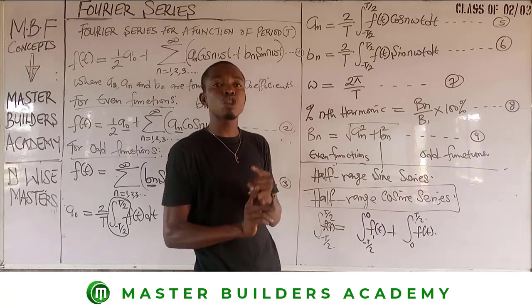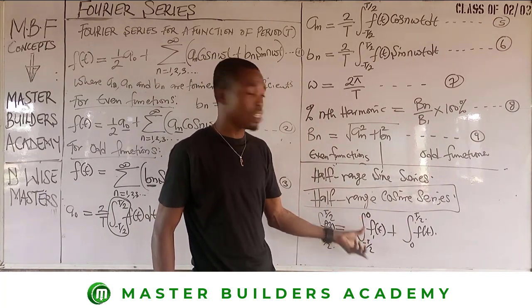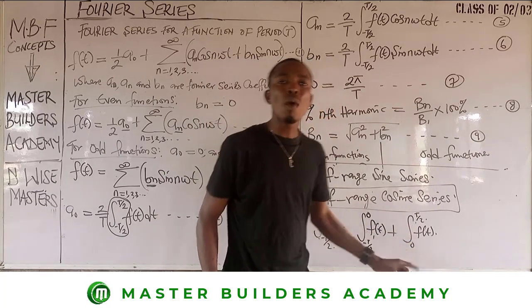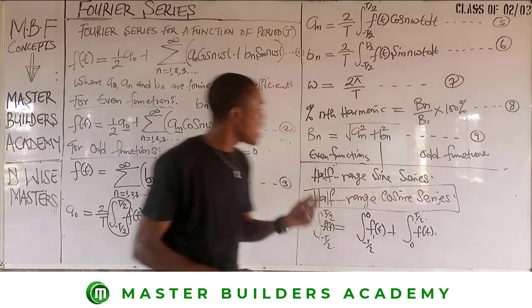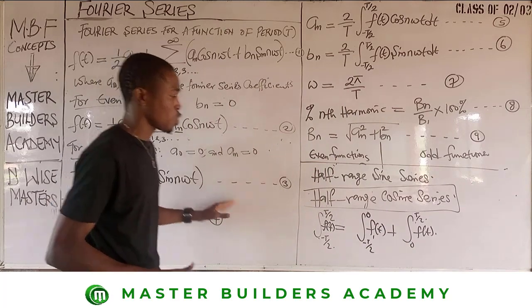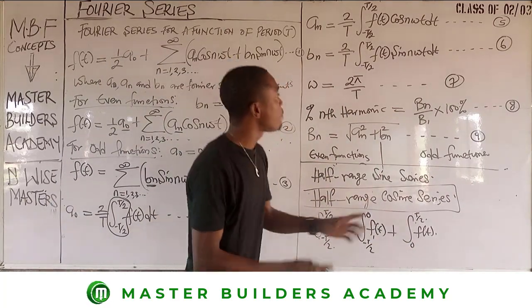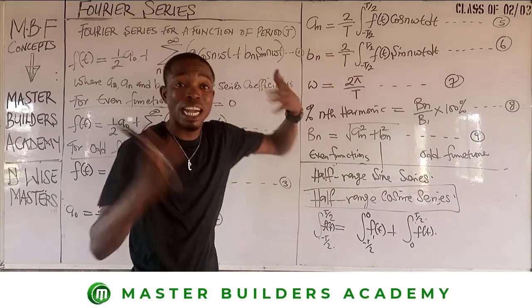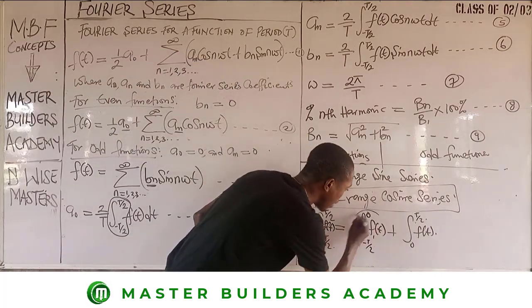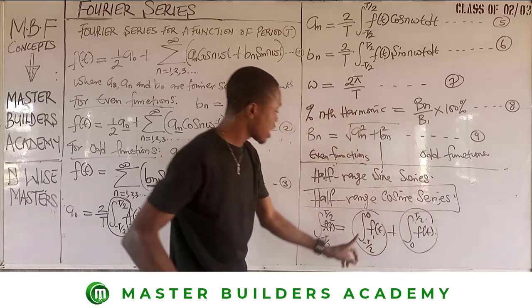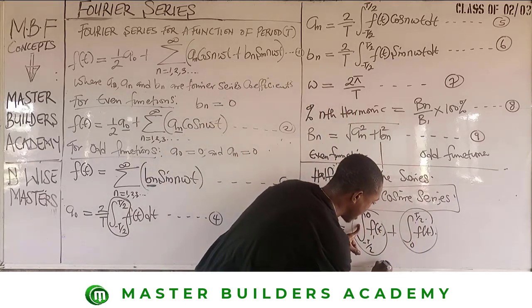So it shows that if I am given two functions, I am supposed to solve for this, solve for this. But when you are given two functions, maybe you find out that it is an even function or an odd function. Instead of doing it this way, you don't need to do it this way. All you just need to do is to multiply any of these equations you are using by 2. Because whatever you will have here is what you will have here. So take for instance, I solve for this, I have 8.